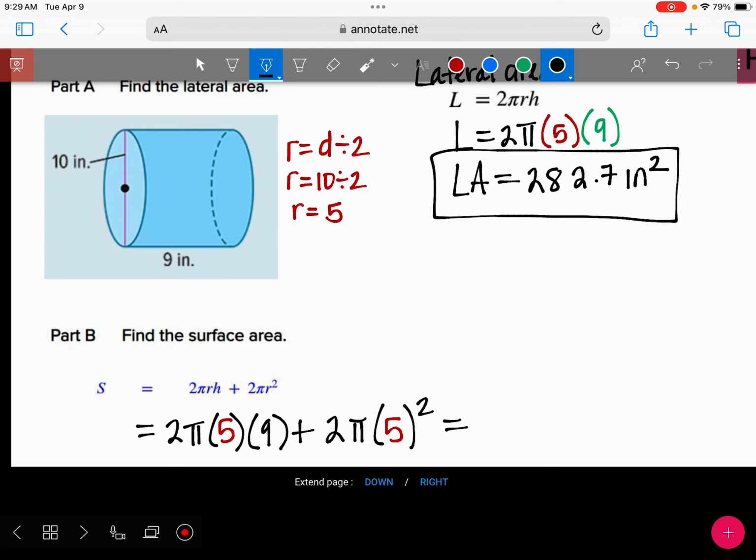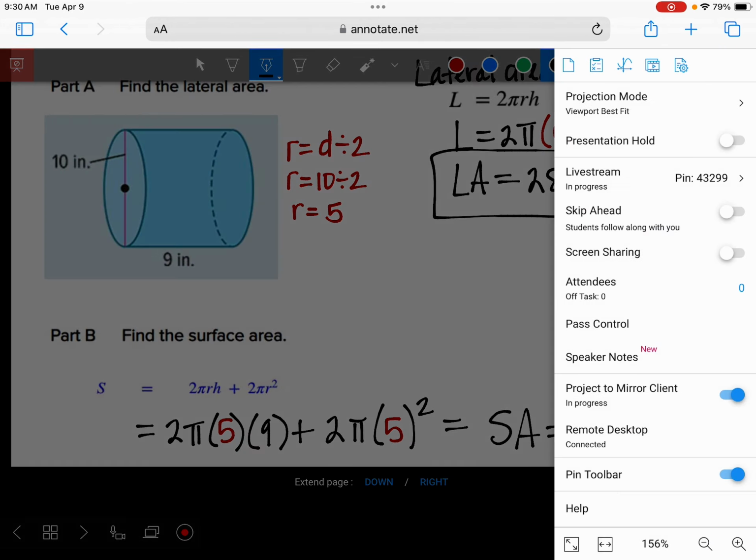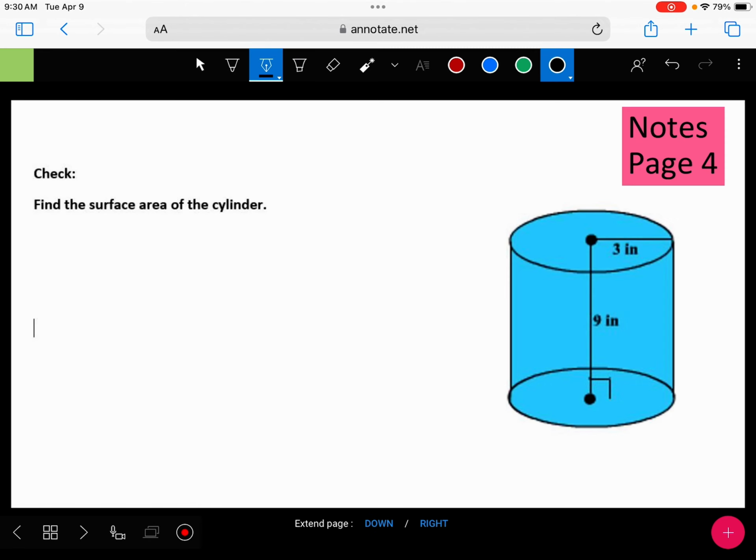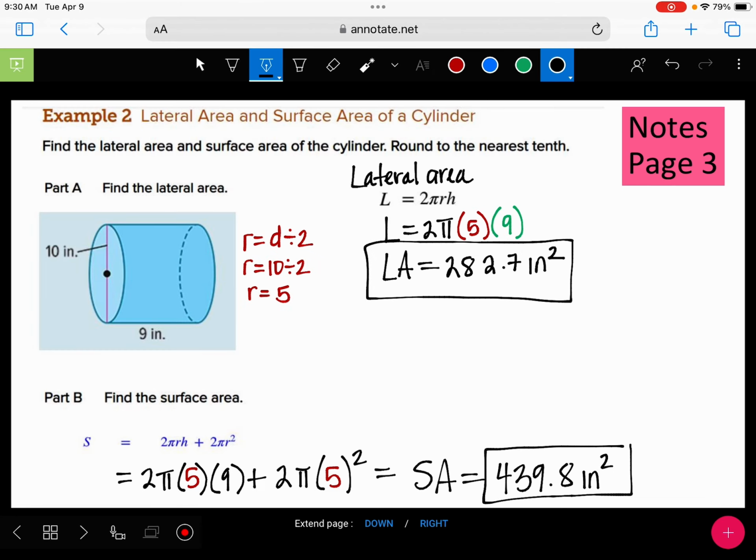Go ahead and type that in your calculator. All right, who got 439.8?